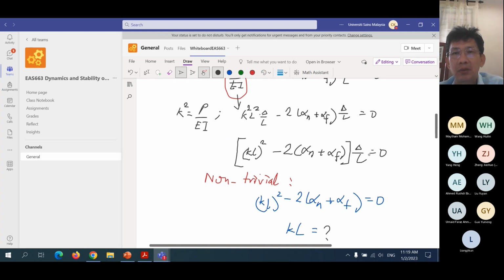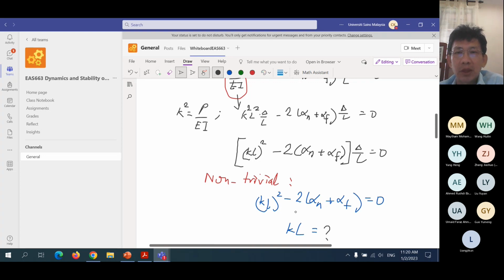If delta over L equals 0, it doesn't matter what value you have for KL here, we will get this equation satisfied. But our aim is to get P critical. So to get P critical, we want to find the solutions where delta over L is not equal to 0. So in order for delta over L to be possible to be not equal to 0, this thing must be equal to 0. So this is the non-trivial solution condition that we use.